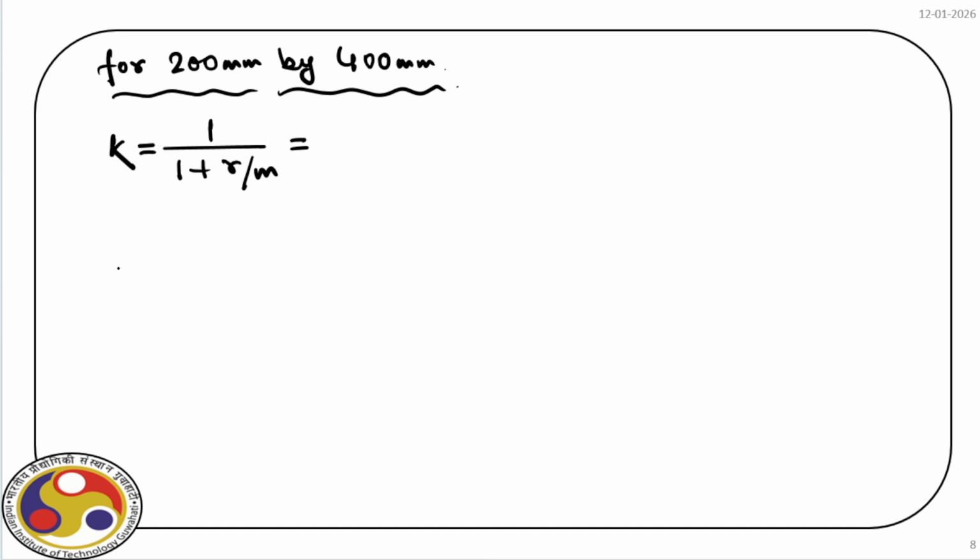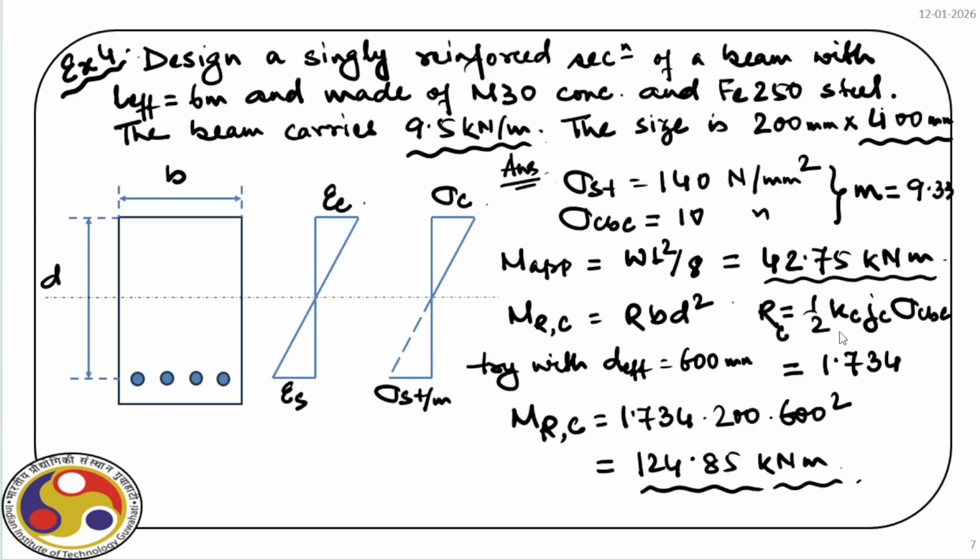So M applied at the section level, MR is equal to half B times n times sigma C times d minus n by 3. And this we have to equate with the externally applied moment, which we have already derived as 42.75 kilonewton meter.